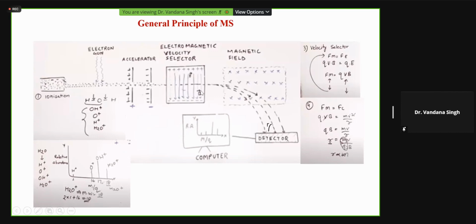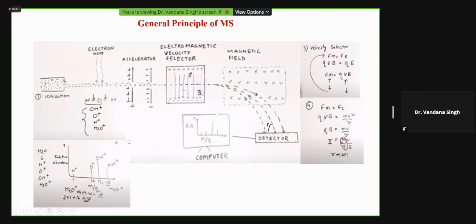This kind of ionization is used in the case of biological samples like peptides or DNA, which are very heat labile and very sensitive to hard ionization. So this kind of ionization is suitable for that kind of molecules. Once the molecules are ionized, they will go to the analyzer part.